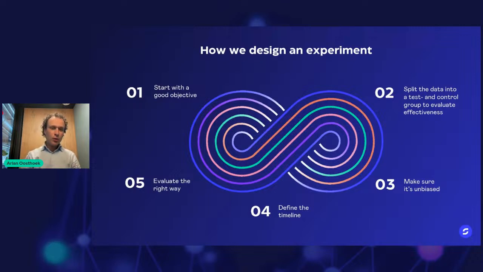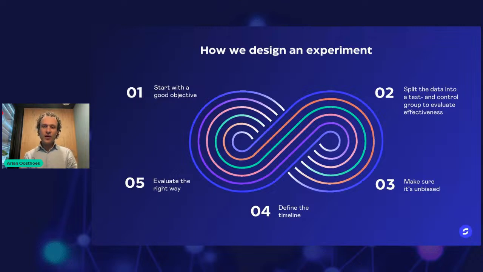We usually start with a good objective, and that objective is often smart and measurable. It could be, say, I want to increase margin by a certain percentage, and that's the measurement and the objective we are working with during the experiment.